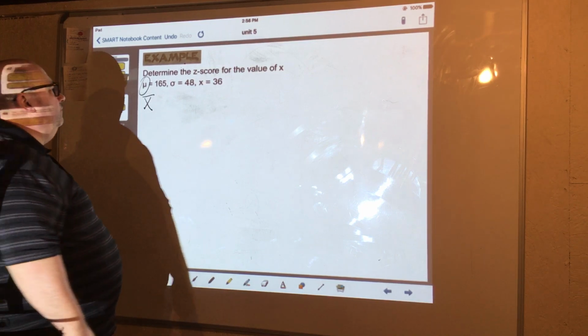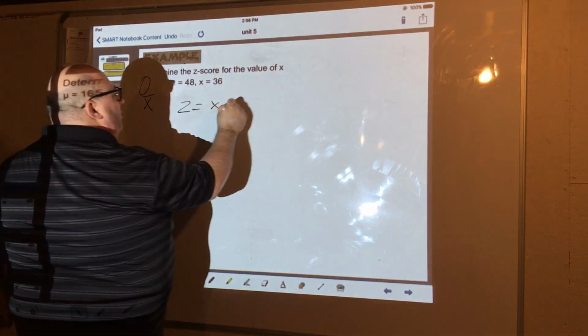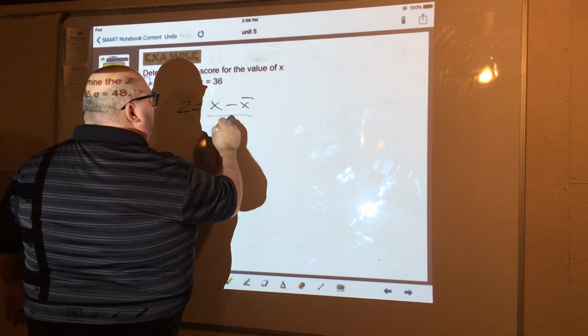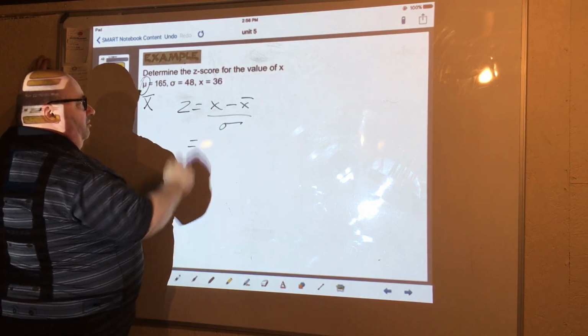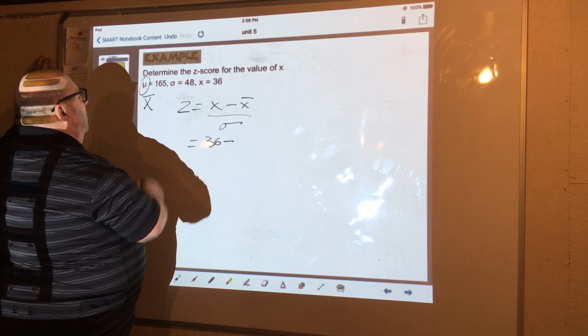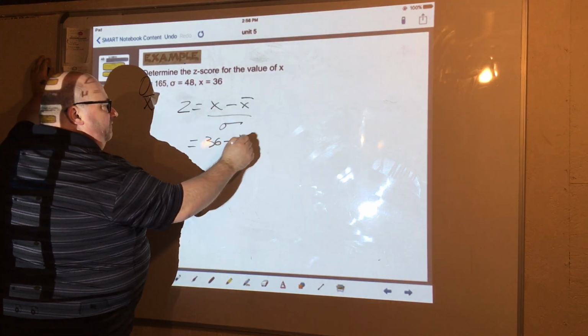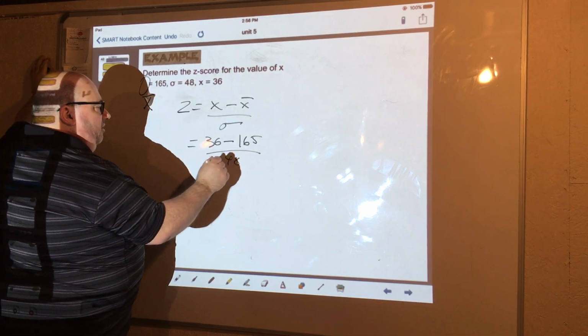So if we want to find our Z-score, here's our formula: X minus the mean divided by standard deviation. Well, we know that our term X is 36, minus our mean, 165, and our standard deviation is 48.